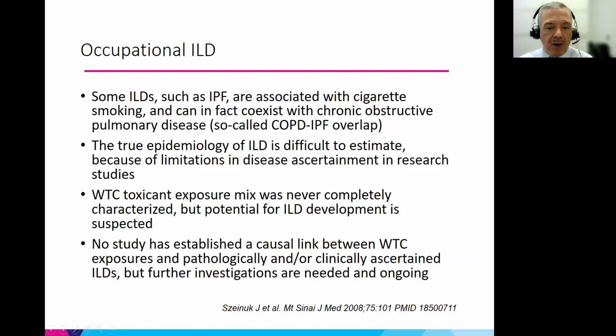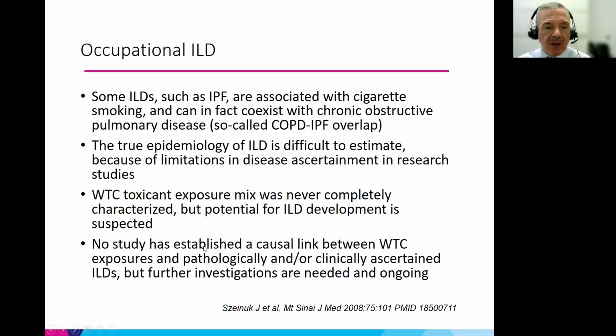So we certainly made a case many years ago, and many others have, that the toxicant exposure at the World Trade Center had the potential, at least, to facilitate the development or the progression of interstitial lung diseases.